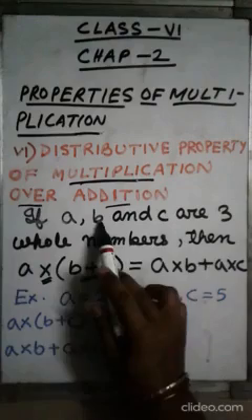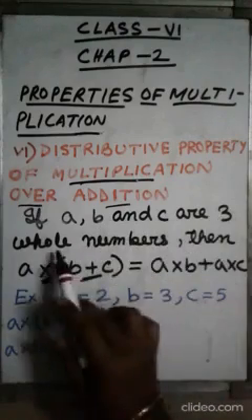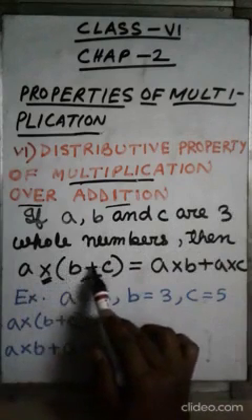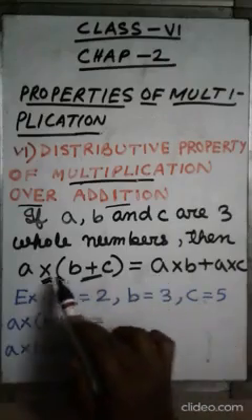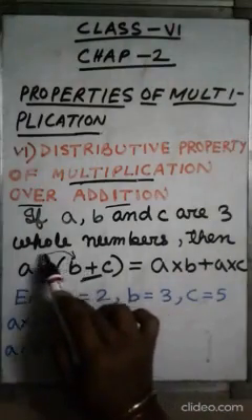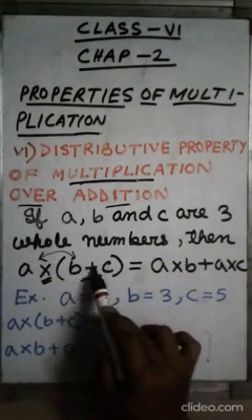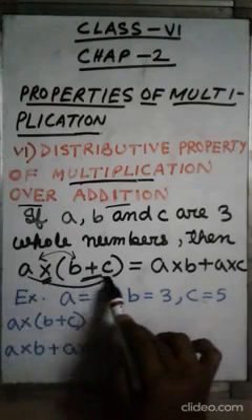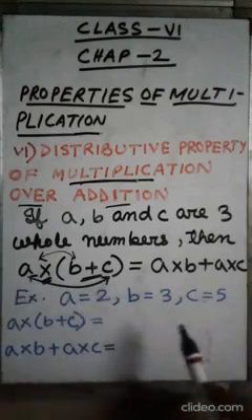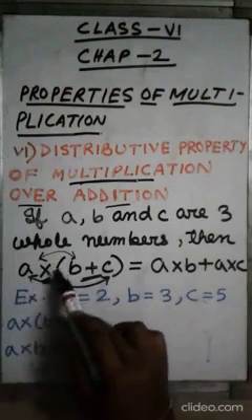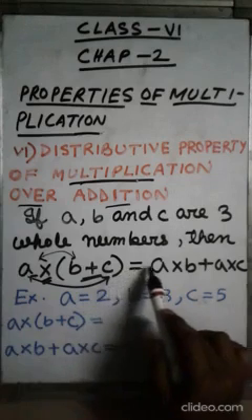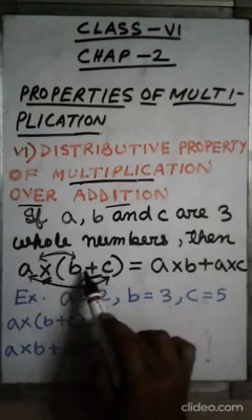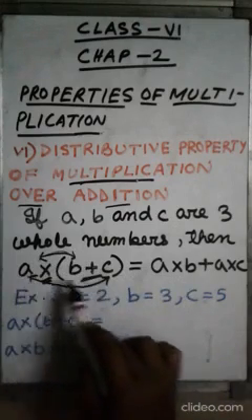If A, B and C are 3 whole numbers, then A into within bracket B plus C is equal to A into B plus A into C.